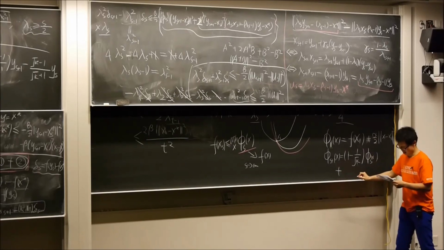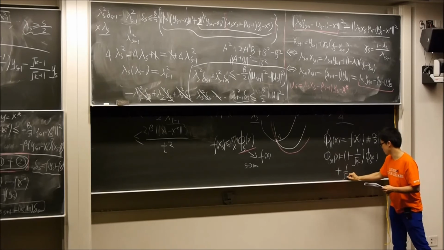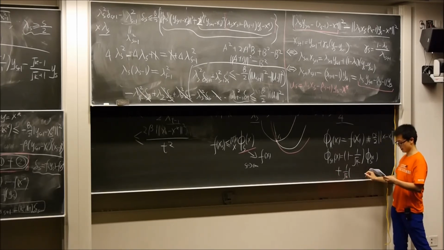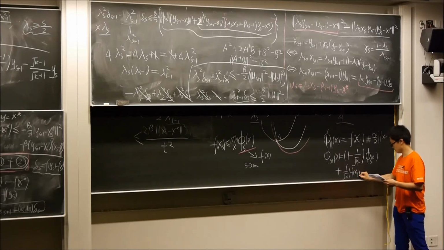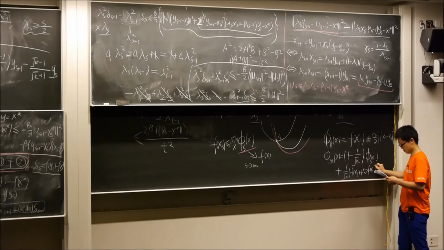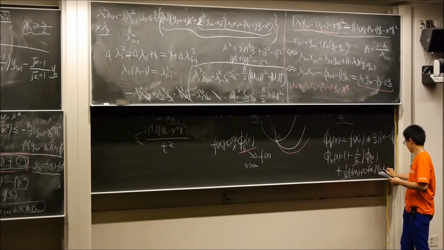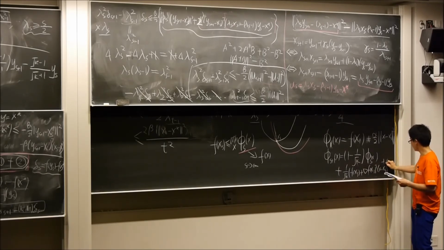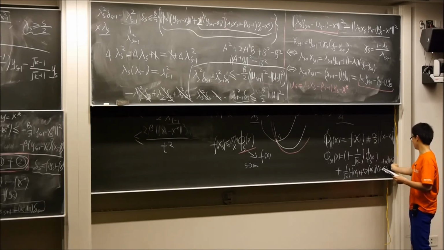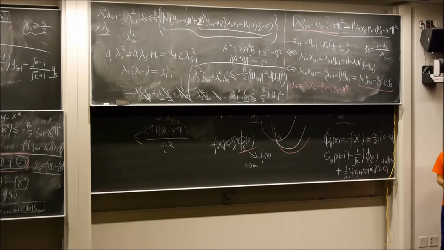And plus some really complicated form that comes from the strong convexity, plus alpha square. Yeah, that's their complicated definition for the phi.